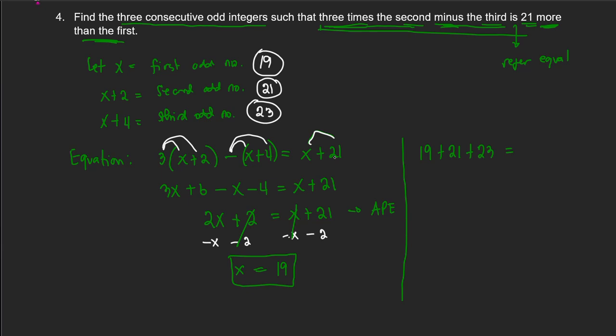So 19 plus 21, that is equal to 40. That's correct. So that is equal to 40. So basically, kung i-add po daw natin itong tatlong odd numbers, that is equal to 40. So 19 plus 21, that is 40. Tama?